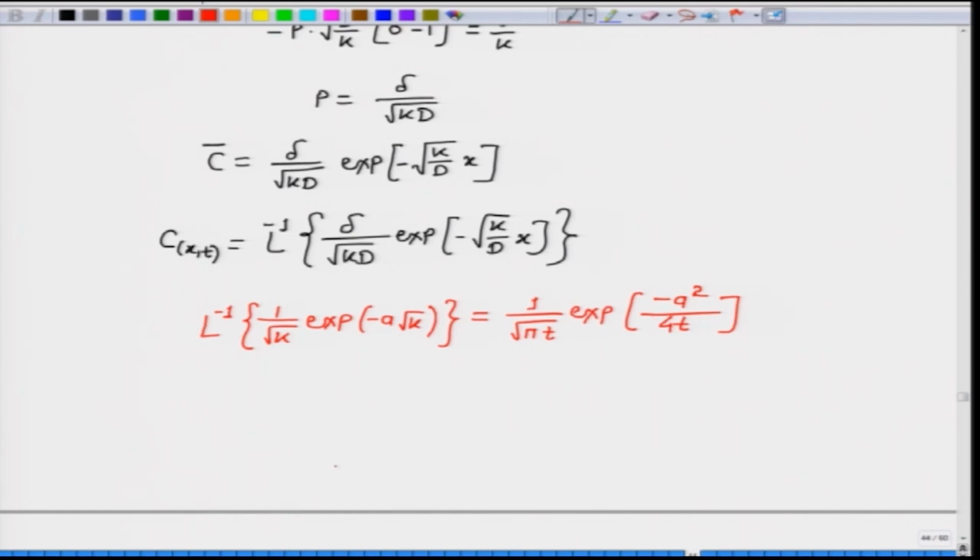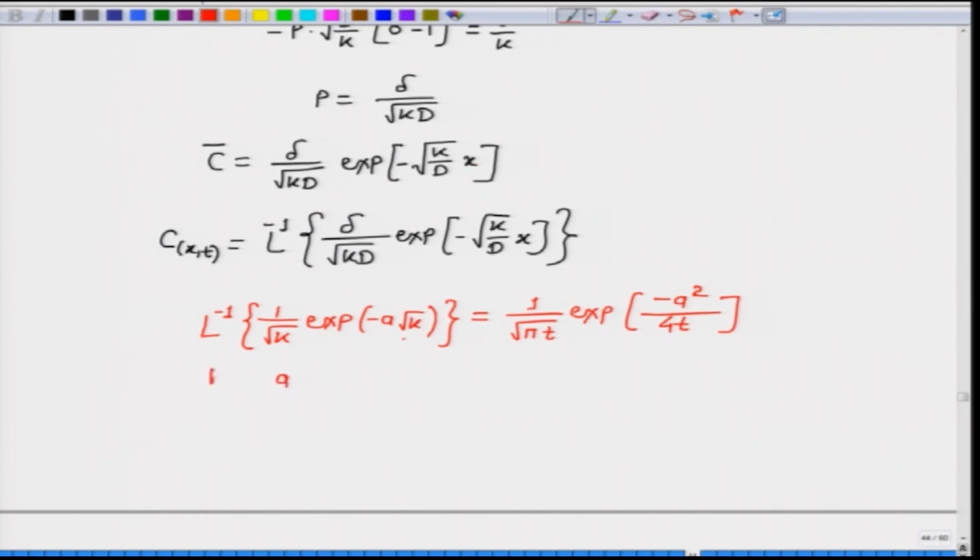We can compare our solution for c bar with this function on the left side here, right. So, if we do that, in the solution of c bar, delta by root d is a constant, right. So, 1 by root k exponential minus root k by d x. So, if we compare with this function here, the value of a here is x by root d, right.